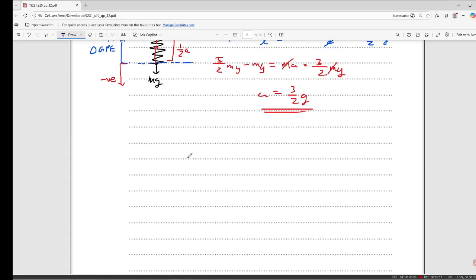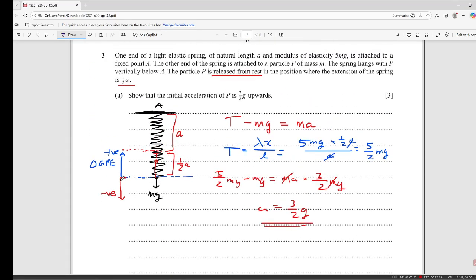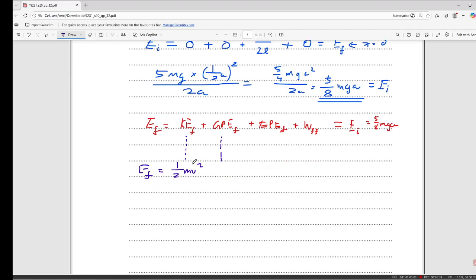GPE. Okay, now when it returns to natural length, we can see it moves 1 by 2a positive since when it began. So the change in height equals 1 by 2a. We know GPE is measured by mg delta h, so plus mg times 1 by 2a, plus the elastic potential energy at that instant.